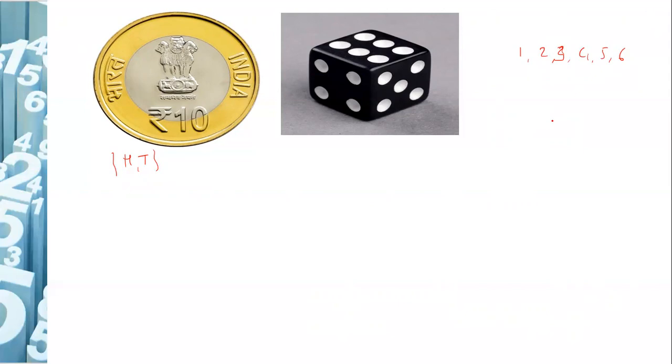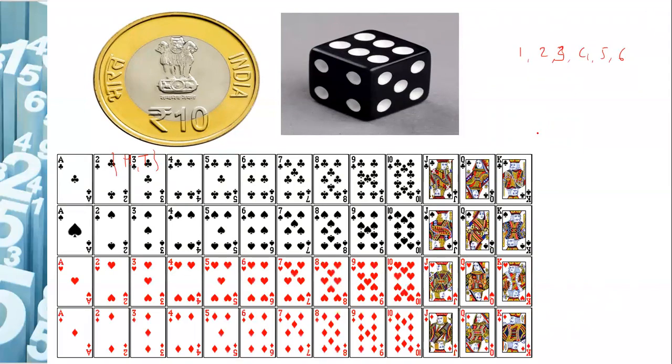And one more important example, which generally will come out, is cards. If you check this example of cards, there are totally 52 cards. This description you are supposed to know. Totally 52 cards are there, out of which 26 are black and 26 are red. Just recollect it, 26 black, 26 red.